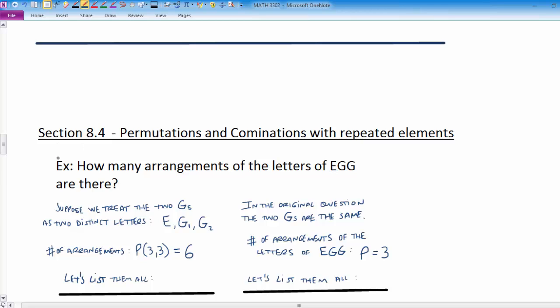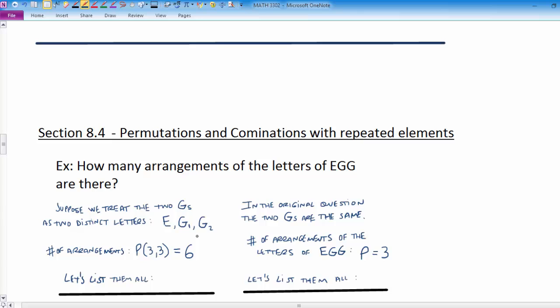Well, there is a way to do that, and it's to relate that to the regular permutation that we learned before. So let's suppose that the two letter G's that we see in the word egg are distinct letters. We're going to say that one of those G's is G1 and the other G is G2.